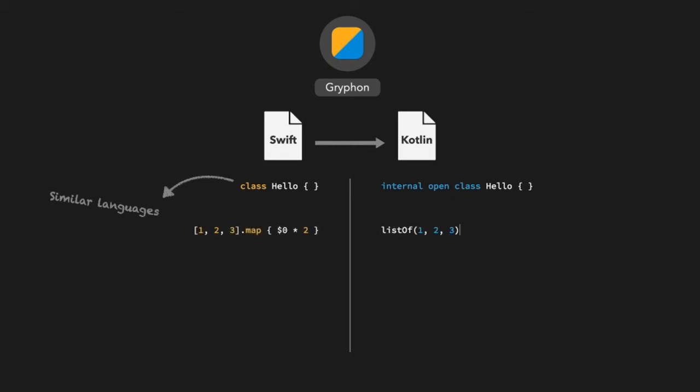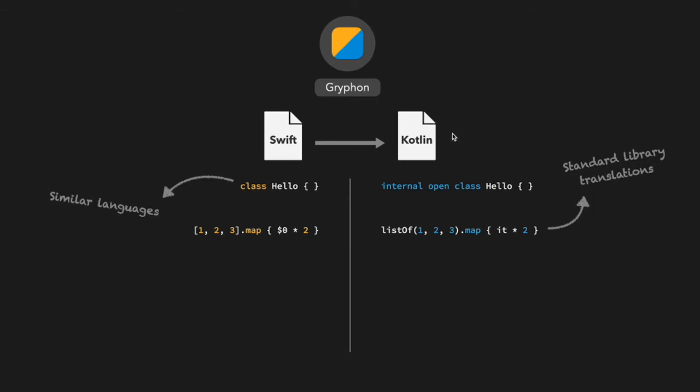It also translates any reference it can for the Swift standard library. So if we use arrays in Swift, if we use map in Swift, if we use any reference to the Swift standard library, it's going to try to translate that into the Kotlin standard library. Meaning our Kotlin code doesn't have to depend on the re-implementation of the Swift standard library in Kotlin. Right?